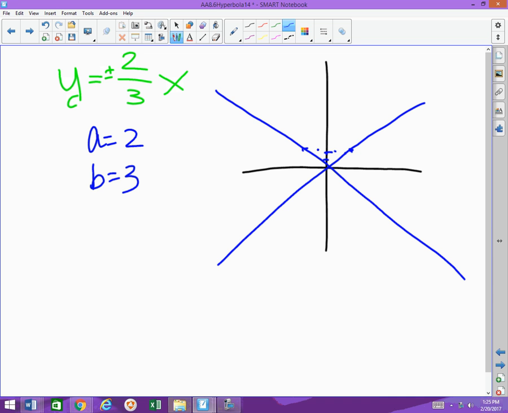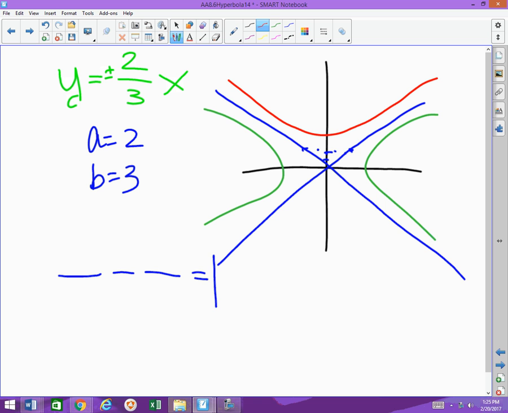So then you would have to know more information in order to figure out the equation. You'd have to know one other thing at least, because it could be a hyperbola that does this, or it could be a hyperbola that does that. Okay, so then let's say it's the red one.